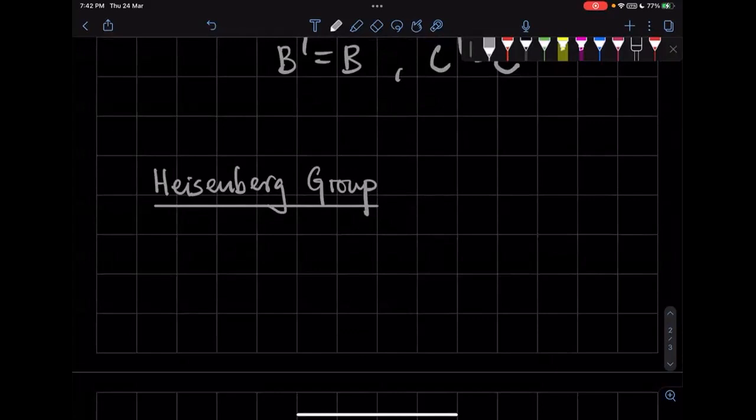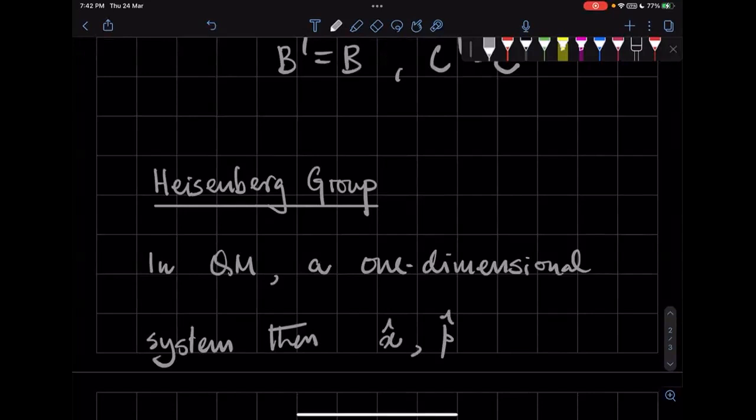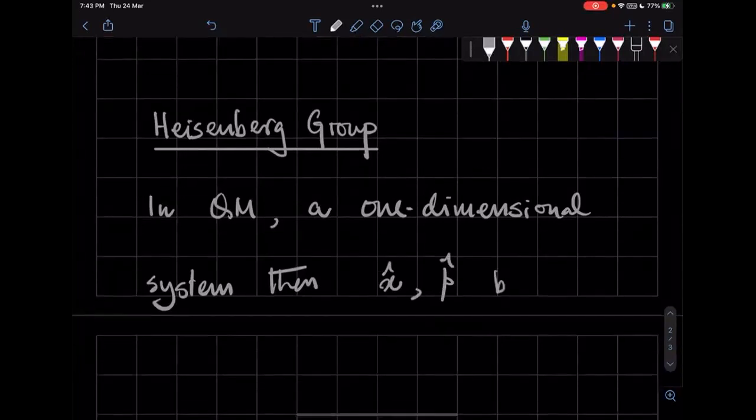Remember, in quantum mechanics, if you have a one-dimensional system, then your basic variables are x hat and p hat. These are the basic observables, and they're represented by Hermitian operators.